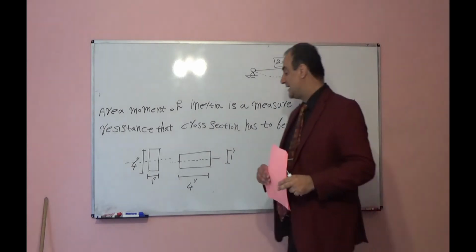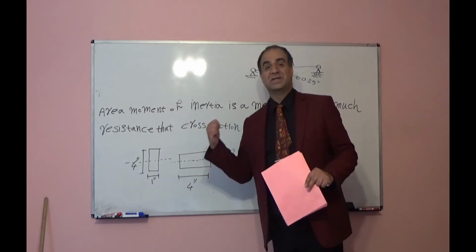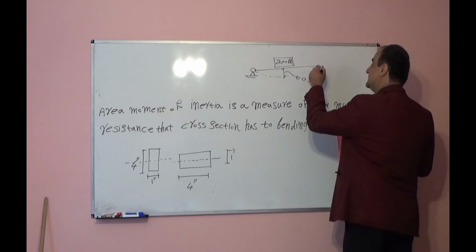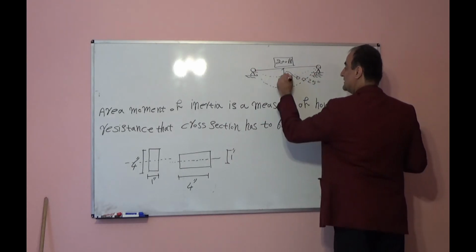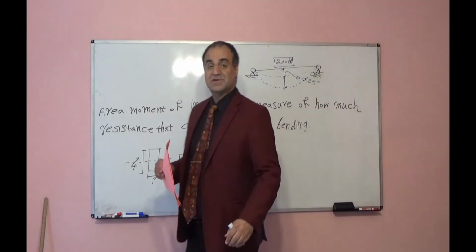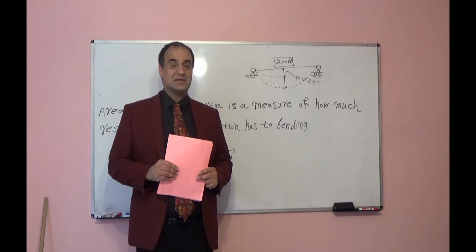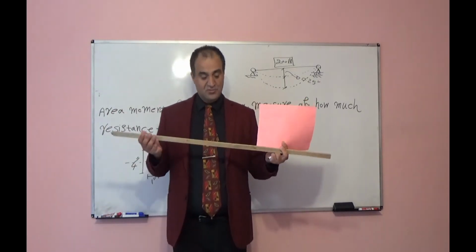If I rotate and put it in this direction, the sagging or deflection will increase. The reason is the resistance against bending moment will decrease. For example, look at this wood trim.